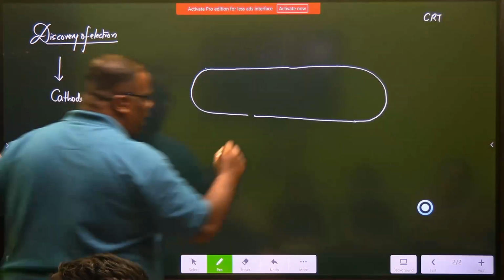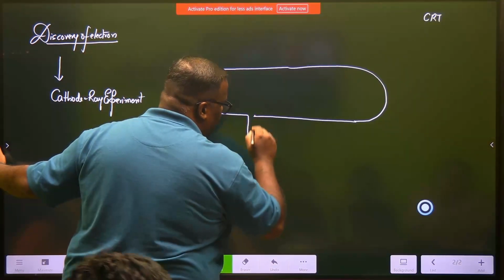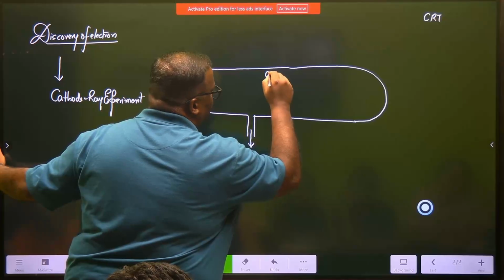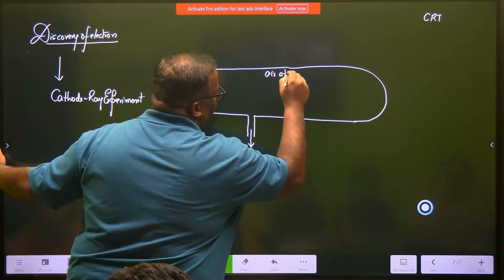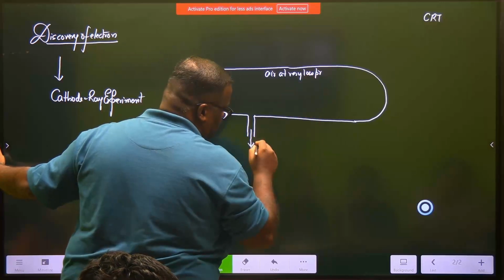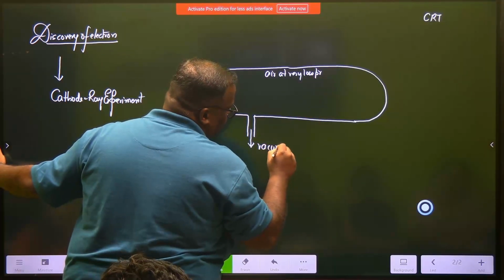The tube will have gas or air, and the air will be at a very low pressure. That means this is connected to a vacuum pump.